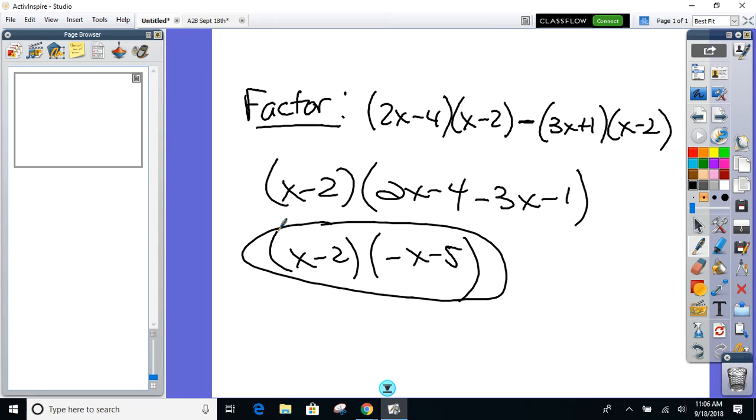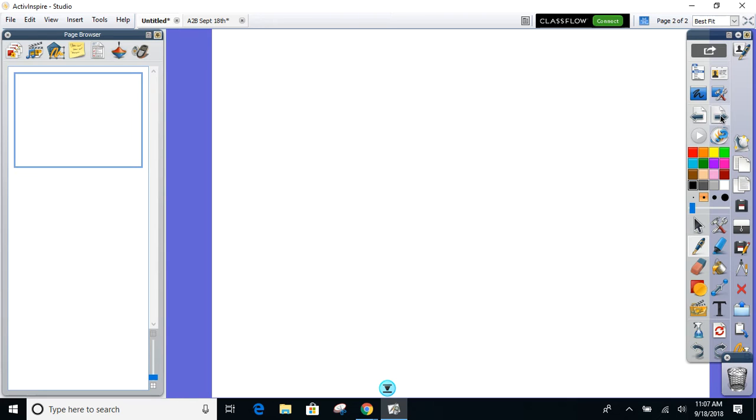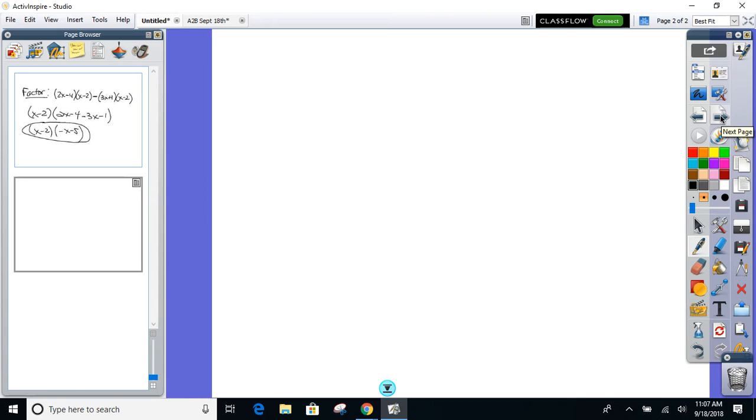Yep. To make it undefined? Sure. Yep. I'll make a tough one here. Let's go 2x plus 4 over, I'm going to have to cheat here.